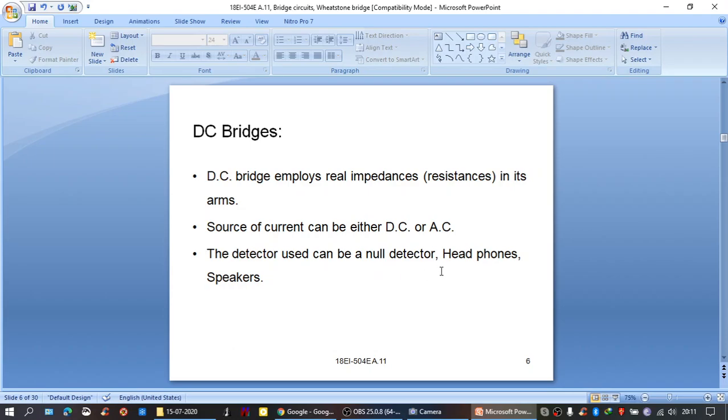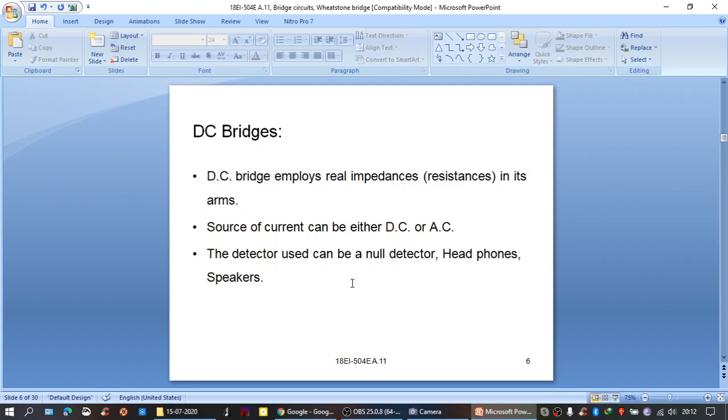Instead of a null detector, if headphones are used as the detector, then by proper adjustment of the bridge circuit elements, the sound in the headphones or speakers would gradually decrease, and when it becomes 0, no sound, we can say that the bridge is balanced.